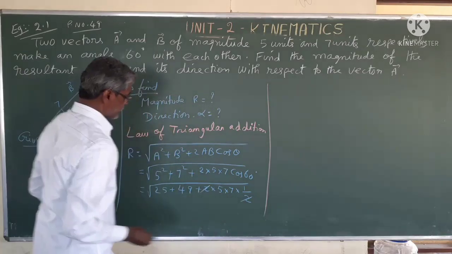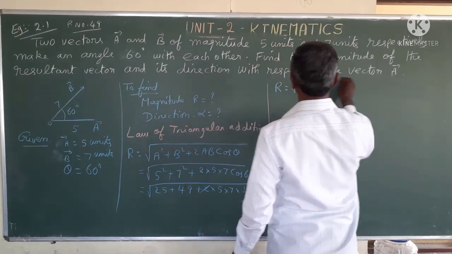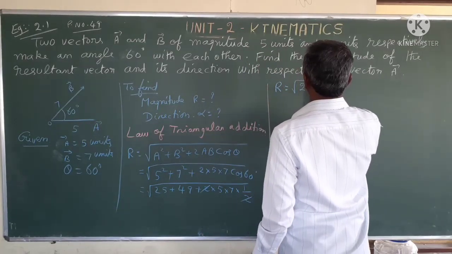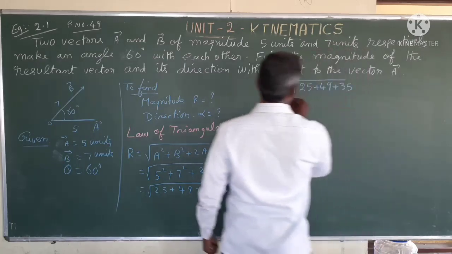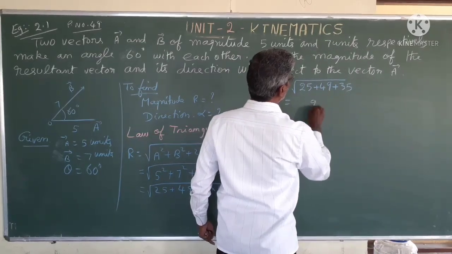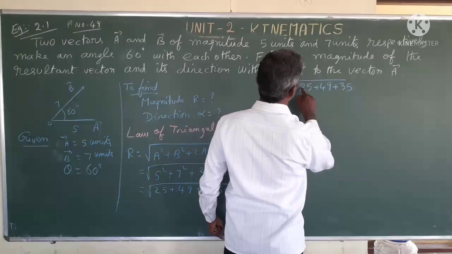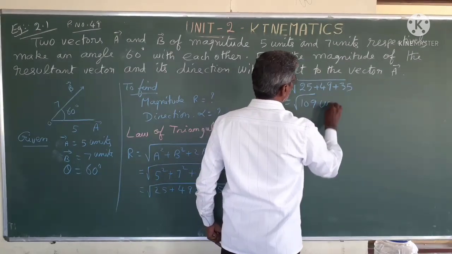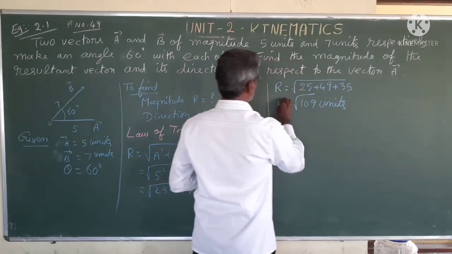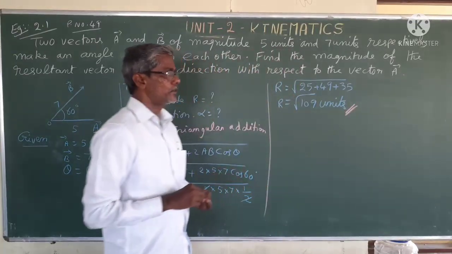This 2 and 2 will be cancelled. So R is equal to 25 plus 49 plus 35. So R is equal to square root of 109 units.